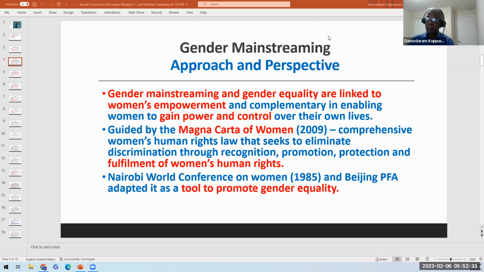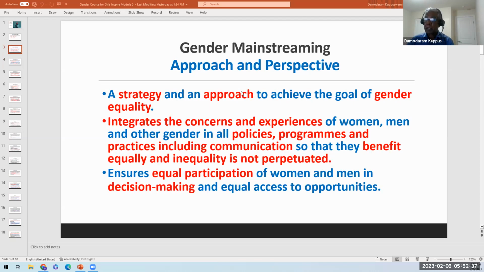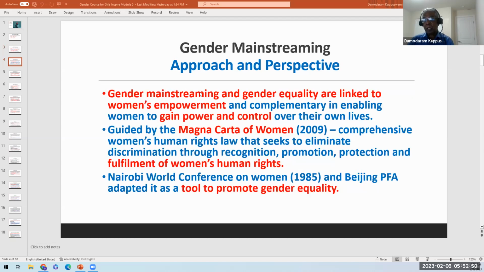These are six aspects that we need to keep in mind. One, it is an approach to equality, integrating the concerns and experiences of different people and ensuring equal participation, and looking at women's empowerment as an integral part which goes hand in hand with gender equality.